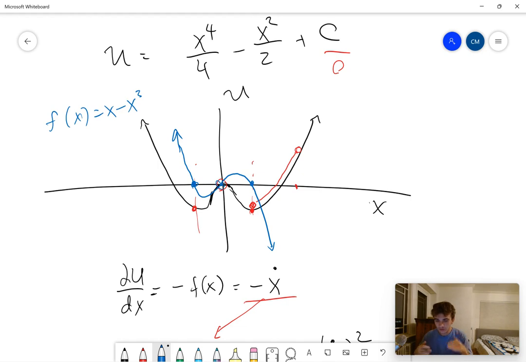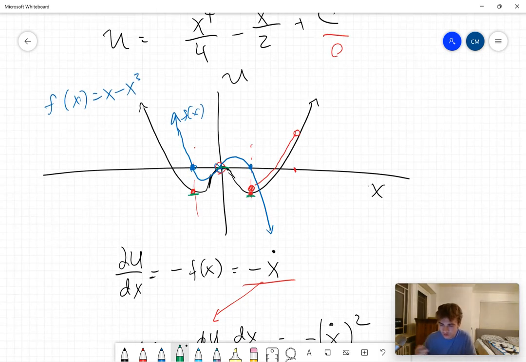Now, of course, these two are very different things. When I plot f of x, I can look at the fixed points, which are the intersections with the x-axis, whereas for the potential, the fixed points occur precisely at the minimal values and at the maximal values of the potential function.